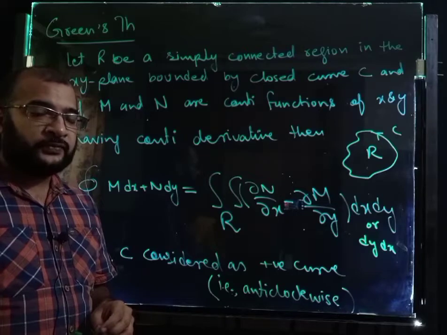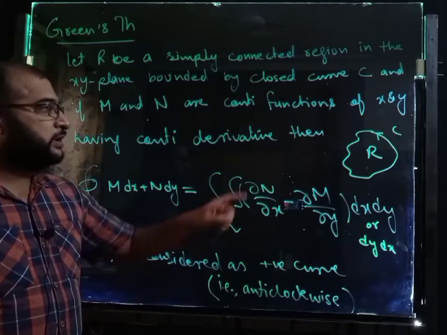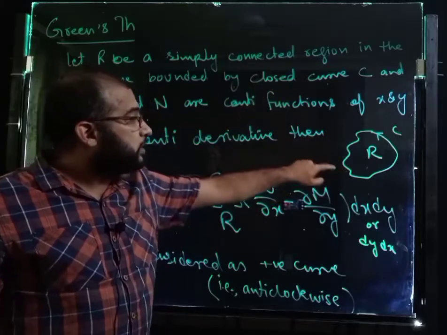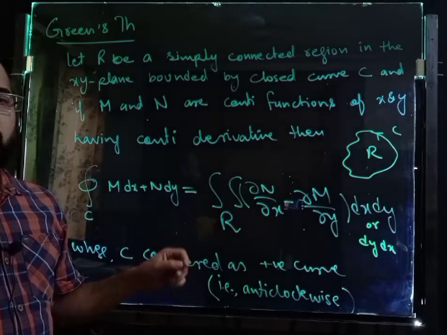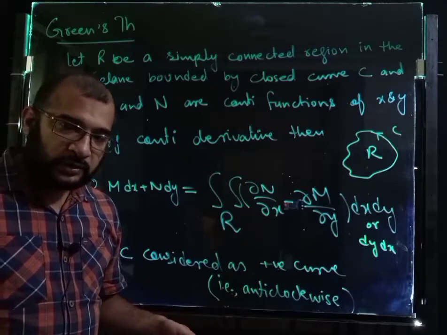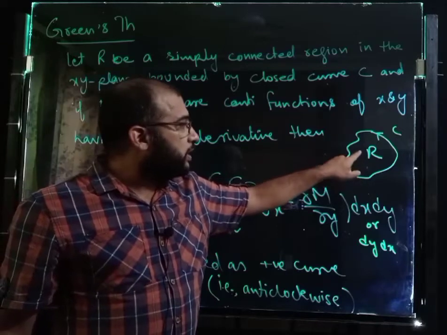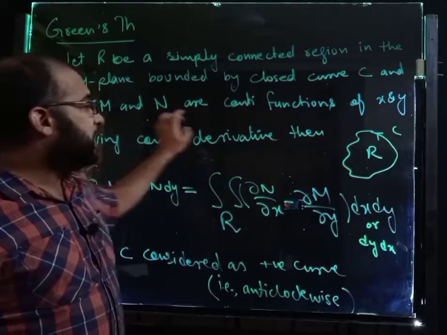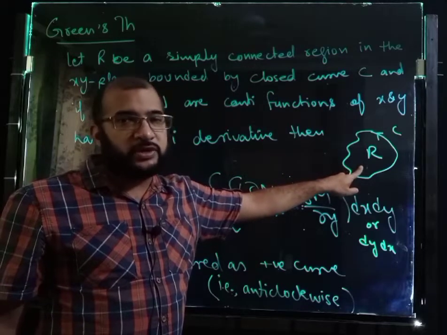If the domain does not intersect itself at any intermediate point, then it is a closed domain, a closed curve, or it contains no point over which the given function is undefined or not differentiable. So for every point in the region R, there is no point over which M and N cease to be differentiable.